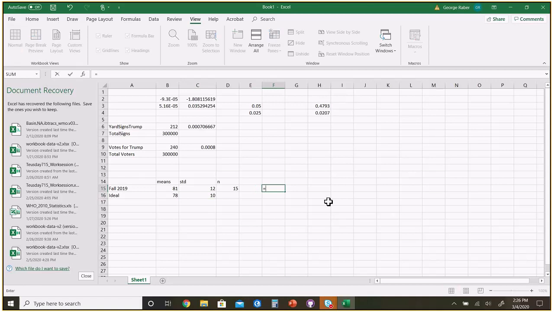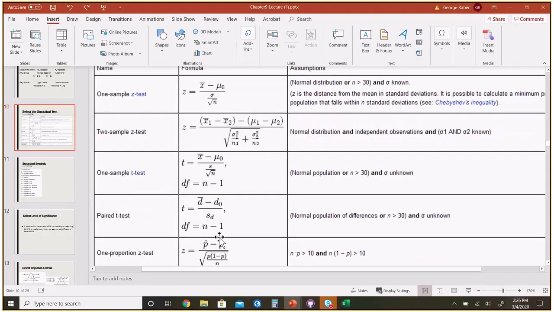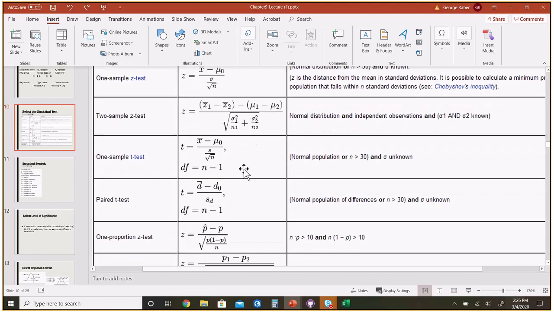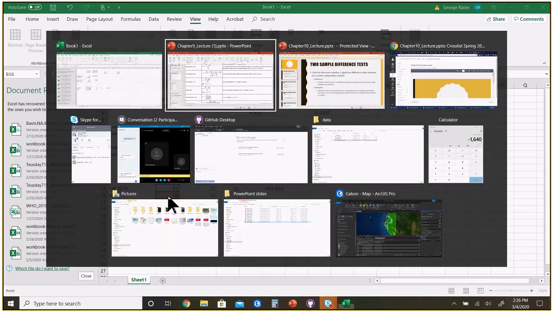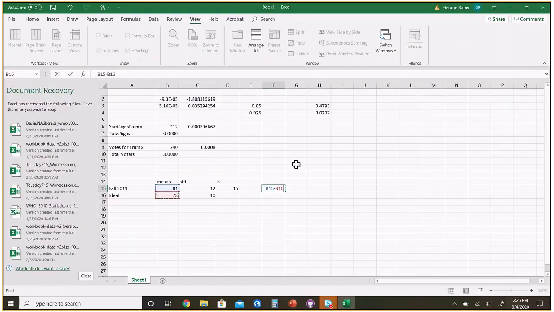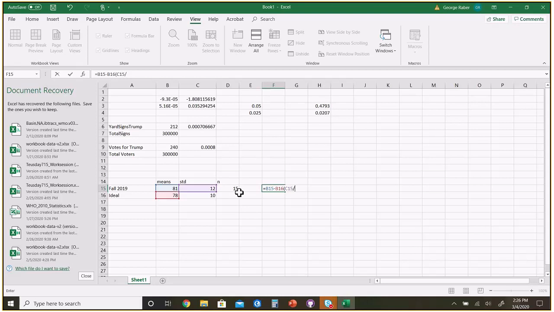So with a t-test, we're going to do the t-test first right here. It's going to equal the sample mean minus the population mean. That's this part. And then we're going to divide that by the sample standard deviation divided by the SQRT of the sample size.